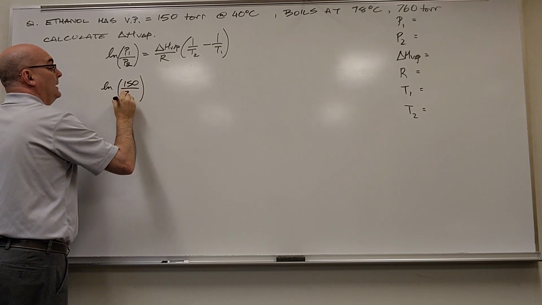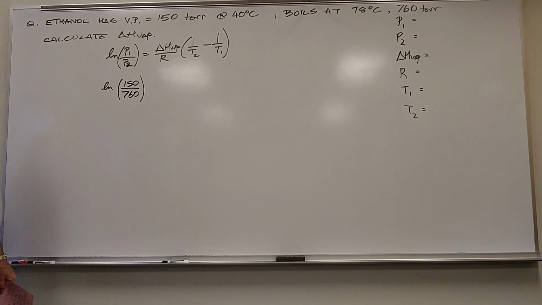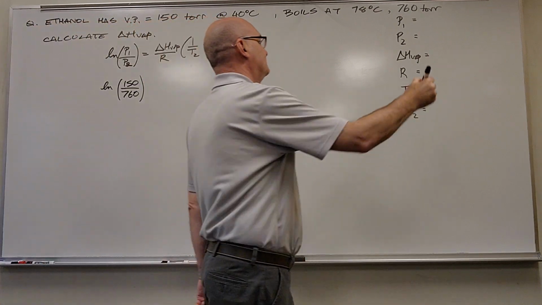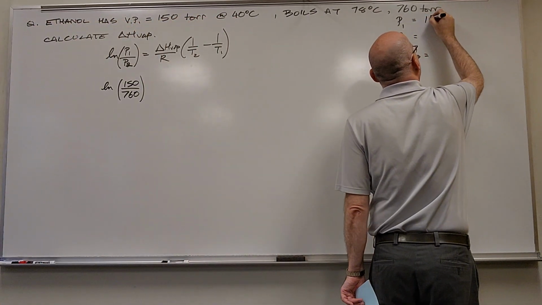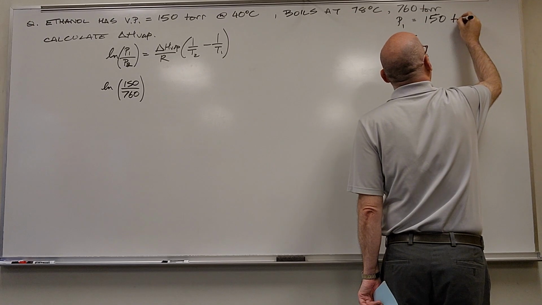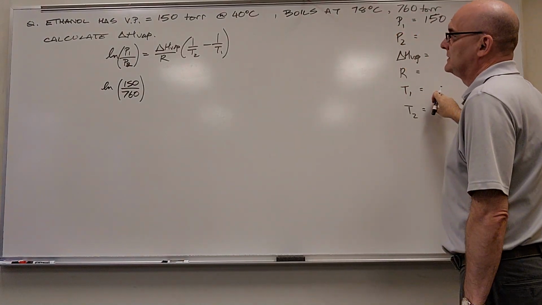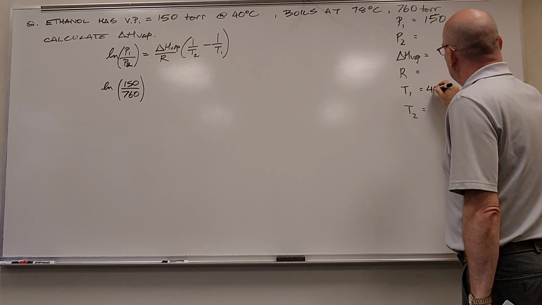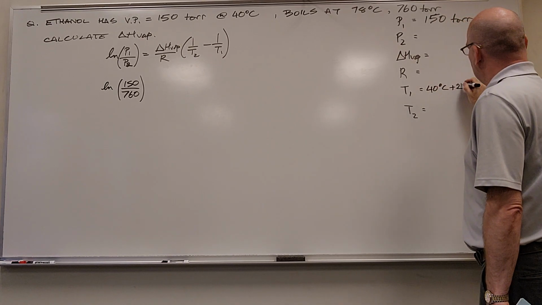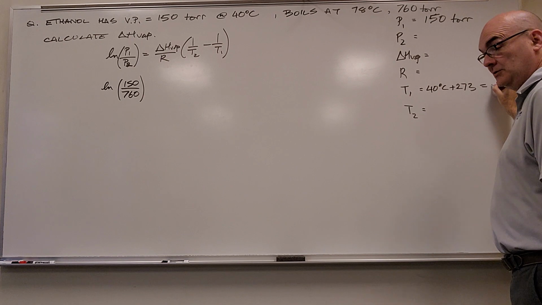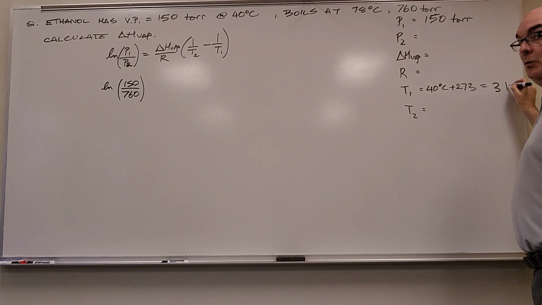If I made the 150 be P1, that 150 is in Torr, and it now belongs to temperature 1, which is 40 degrees Celsius, plus my 273, equals 313.